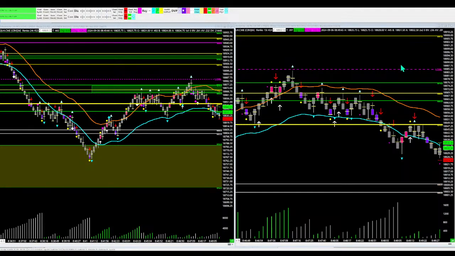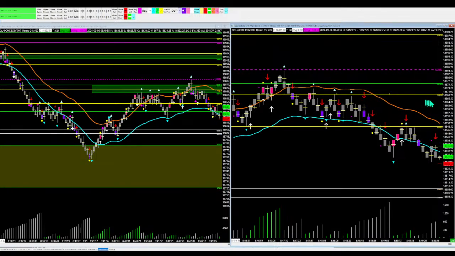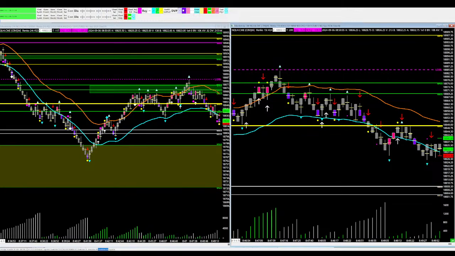So now I would remove this. That's no longer my target. This is my target now. That's where I want to find shorts. Not here anymore because I filled in the volume over here. And then my next area is 18,808 to 18,803.